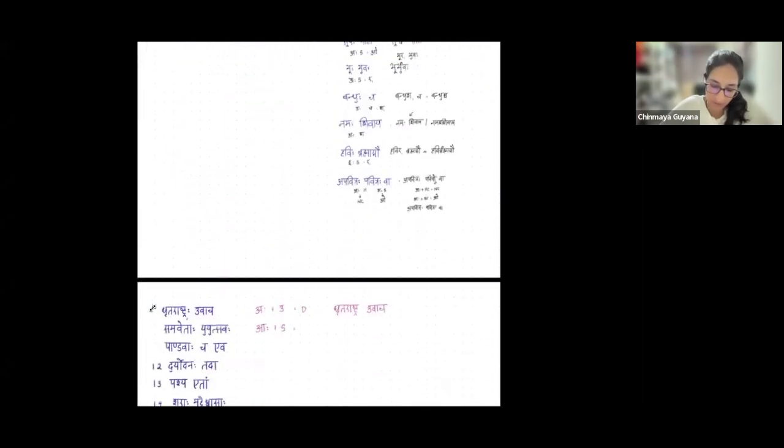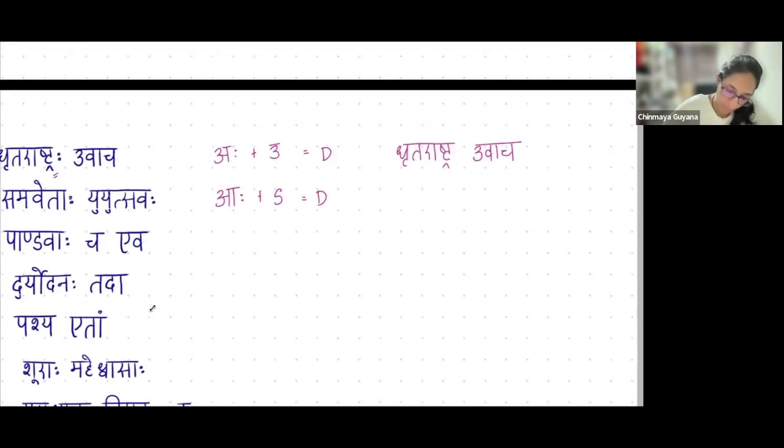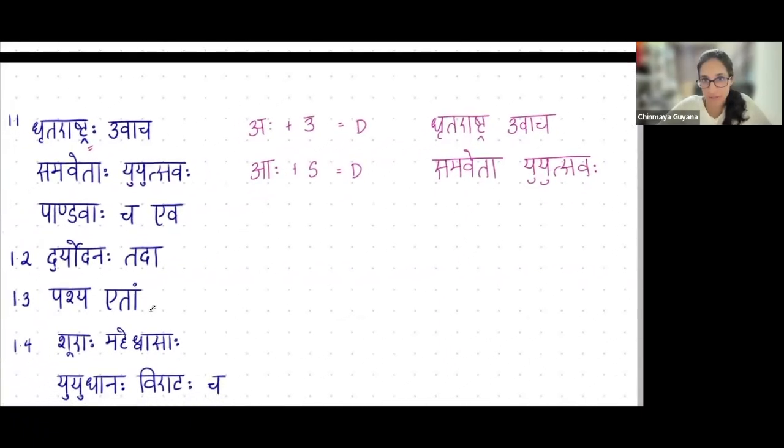So the answer becomes here Samaveta Yuyotsavaha. Okay. And if you're familiar with chanting chapter 1, you'll hear that also.